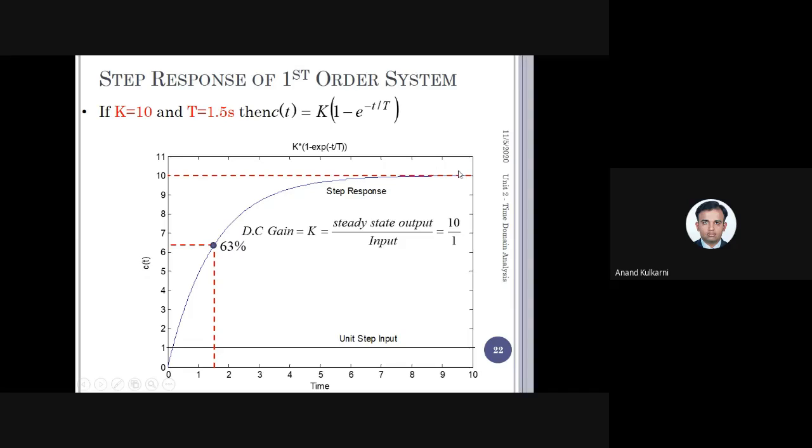It is an increasing curve, because e is raised to minus, so it is a decreasing term. With 1 minus this quantity, as it goes on decreasing, the output goes on increasing. So it is an exponential curve like this, and it will reach equal to the input. When K is say 10, it will reach 10. The input may be 10 units, and the output gradually becomes equal to 10 units.